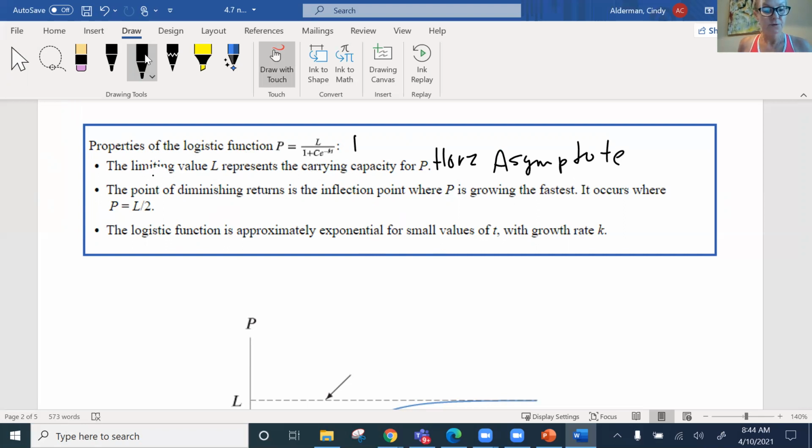Let's see, what else? Oh, the point of diminishing returns, AKA inflection point, also where the graph changes convexity.